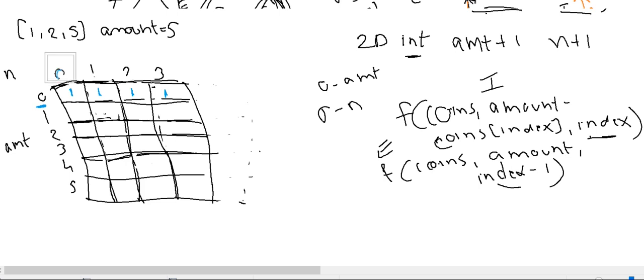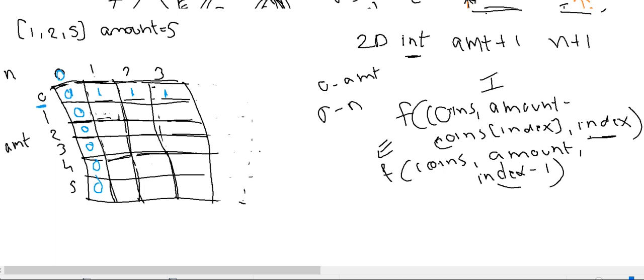We cannot represent a negative index, so I'm considering it as 0. If my index is 0, I'm going to populate it as 0. Now I'm going to start with this cell.